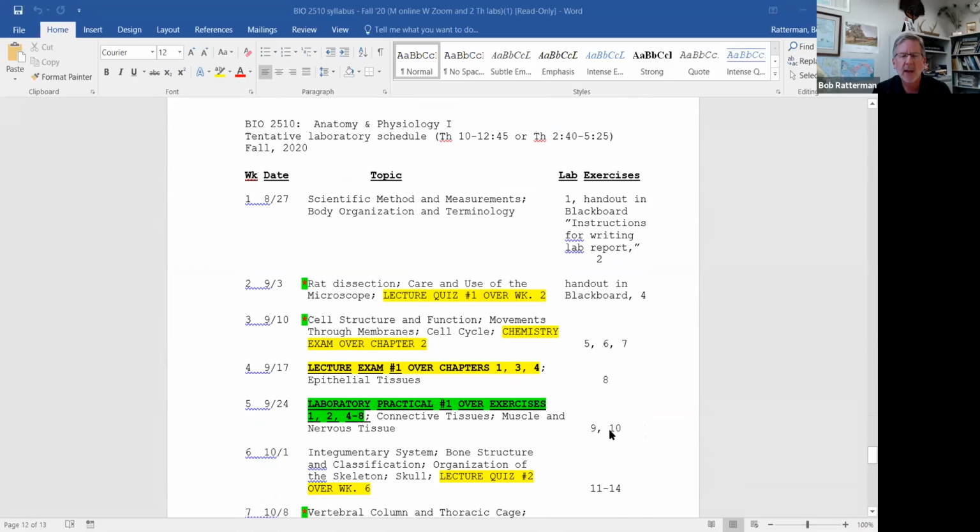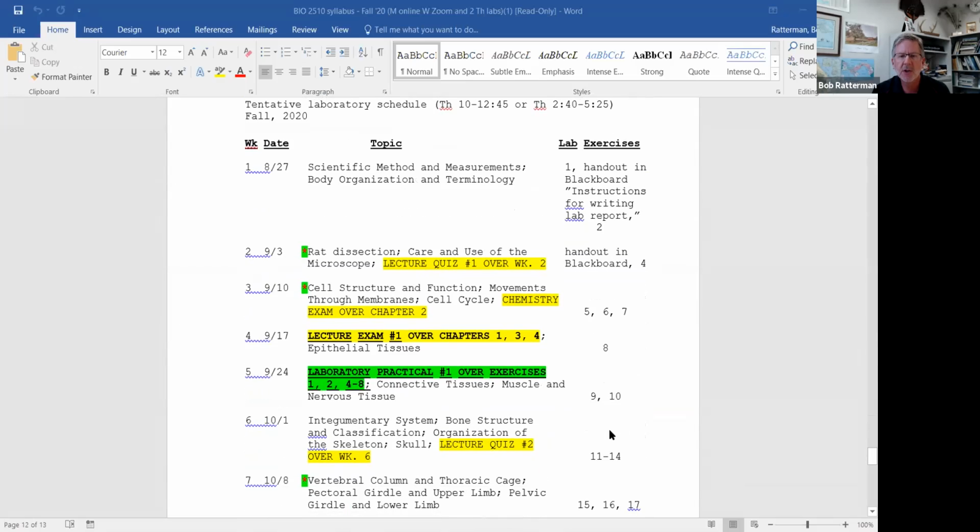So here's the lab schedule, and to answer your question, we had the first lab quiz last week over 1 and 2, but I've always said, and I'll say it again, that I reserve the right to ask a question or two about the exercises the day of the quiz, so I get a sense of whether you're looking ahead.